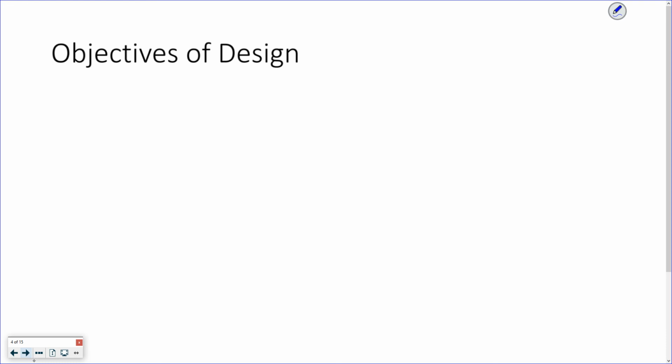So let's talk about our objectives for our design. Right? When we're asked to design something, either out of concrete, steel, masonry, or even something not structurally related, we have to keep a couple things in mind.